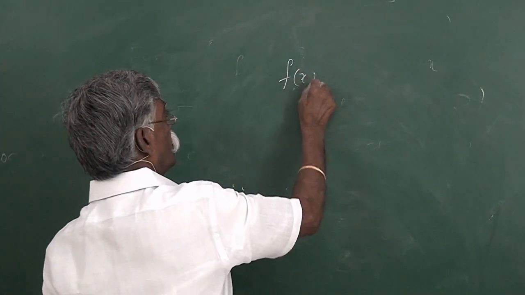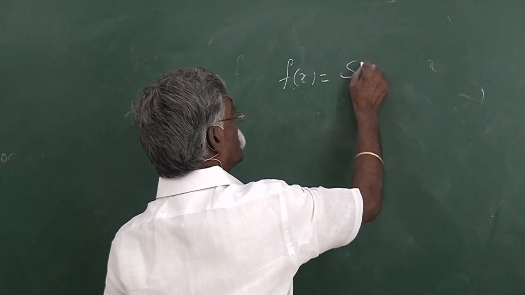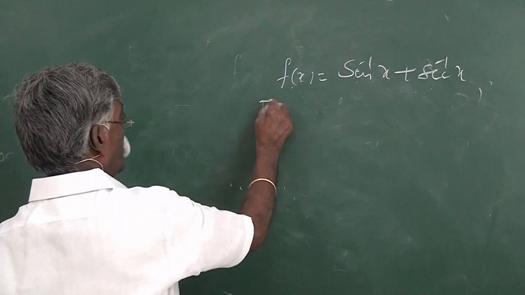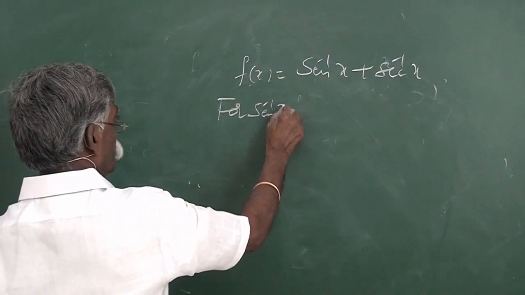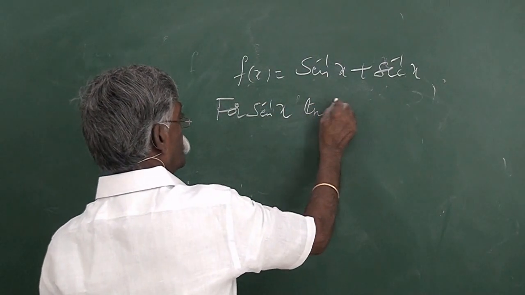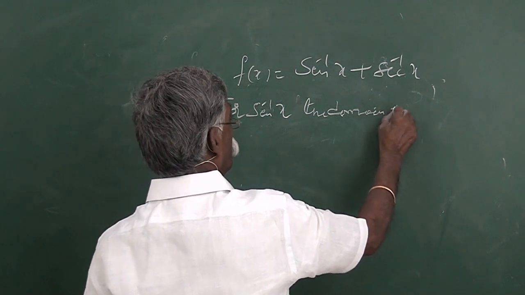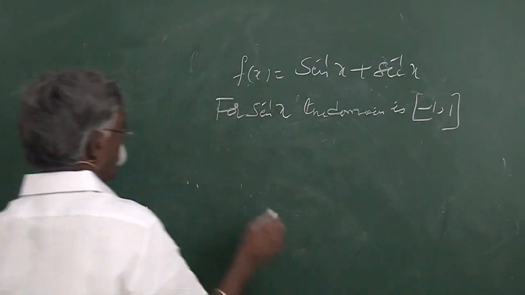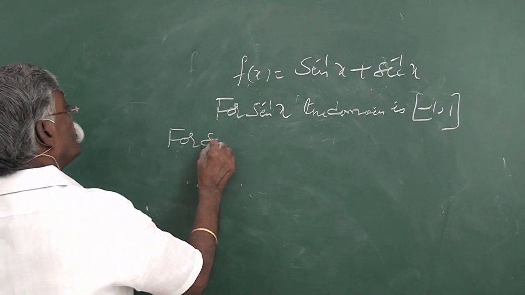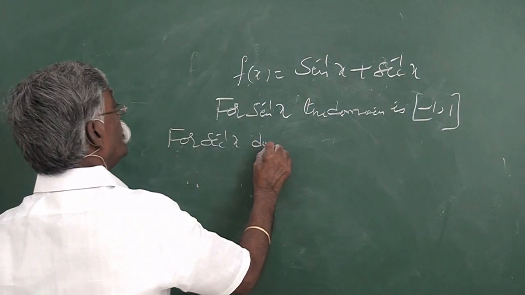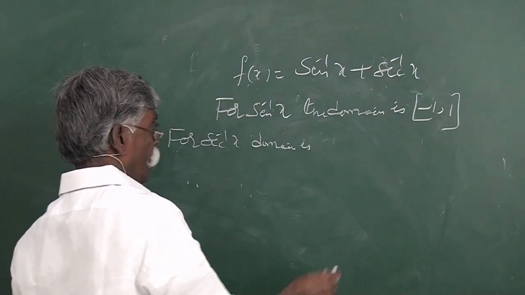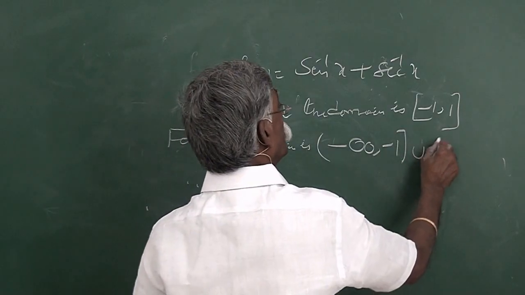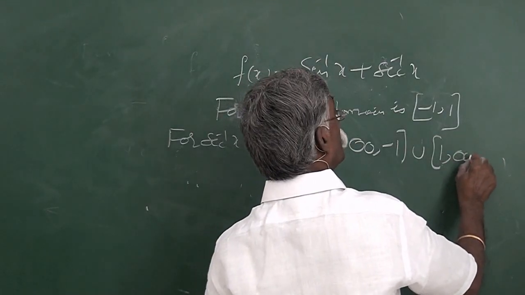Now f of x is equal to sine inverse x plus secant inverse x. For sine inverse x, the domain is [minus 1, 1]. For secant inverse x, the domain is minus infinity to minus 1 union 1 to infinity.